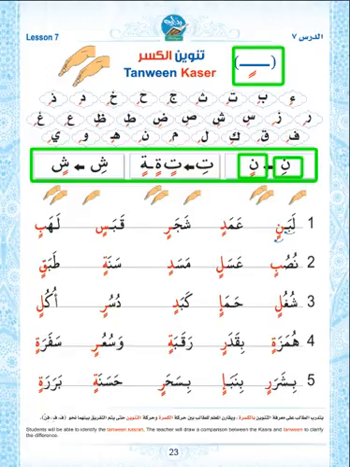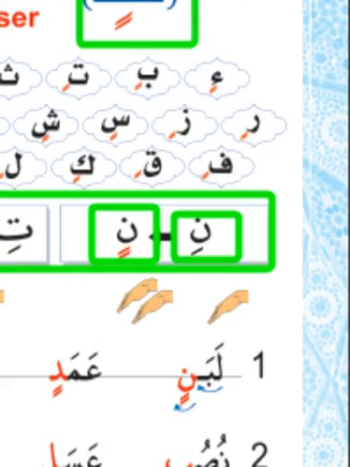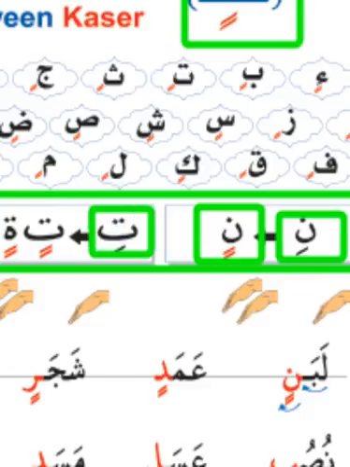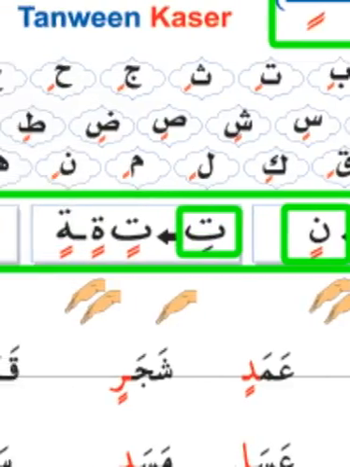We want them to build on their previous knowledge of Kasr and realize that Tanween Kasr is two Kasras that makes a different sound. So, for example, in this case, we will read it as Noon kasrani, Noon kasratain nin, and so forth. Ta kasrati, Ta kasratain tin.